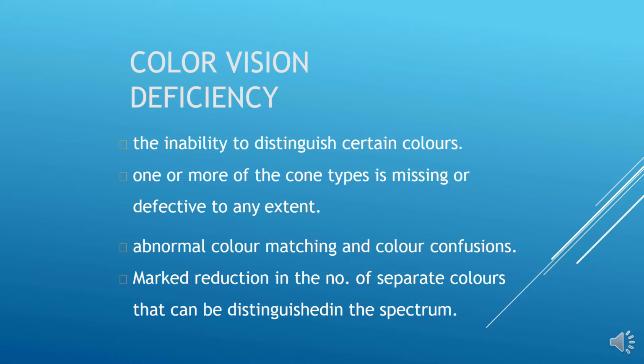Either a person is unable to distinguish a particular color, or one or more of the cone systems is missing, or there's some defect in a particular cone system. There may be an abnormal color matching, and there may be a confusion about the color. So maybe a marked reduction in the number of separate colors that can be distinguished in the spectrum. So these are the different color vision defects.